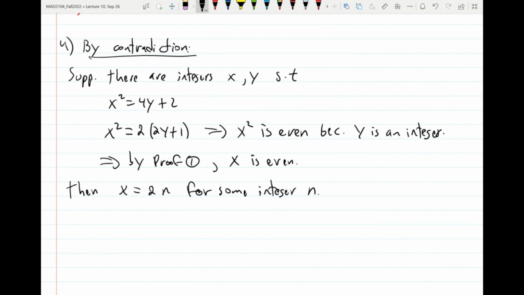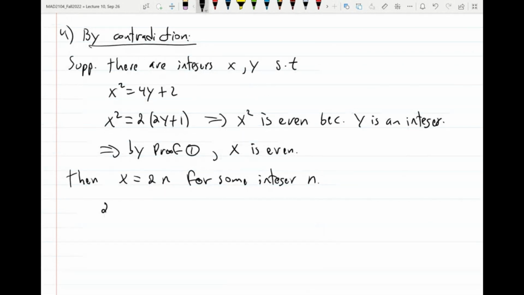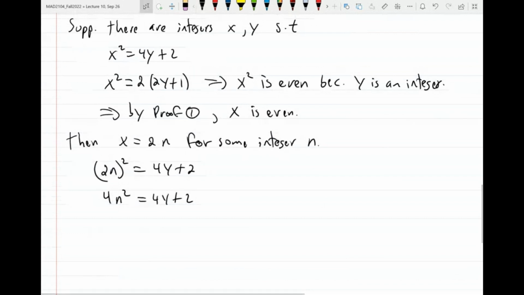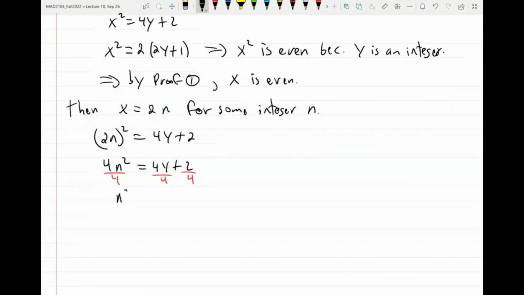Okay, so let's go back to the equation. So that means that 2n squared is going to be equal to 4y plus 2. So what is this? That's 4n squared is going to be equal to 4y plus 2. I'm going to divide everything by 4. So you get the statement n squared is equal to y plus a half.